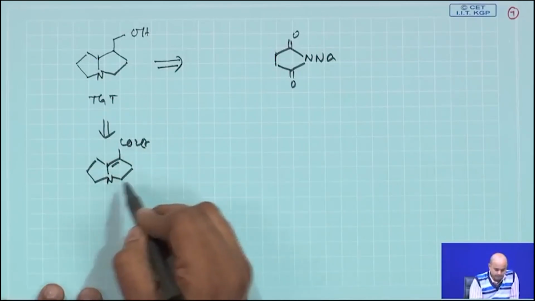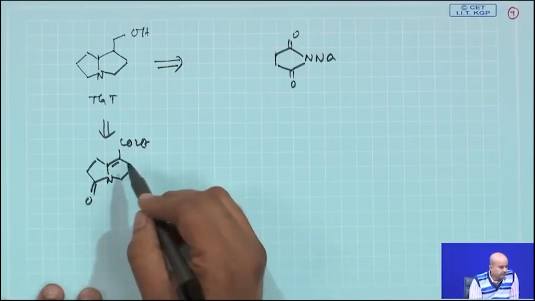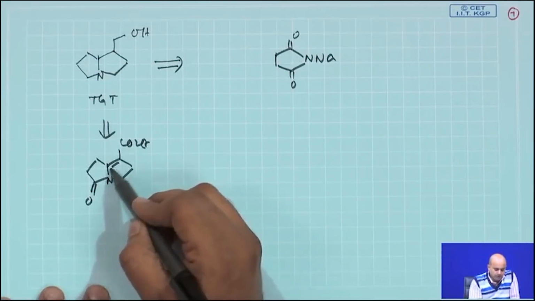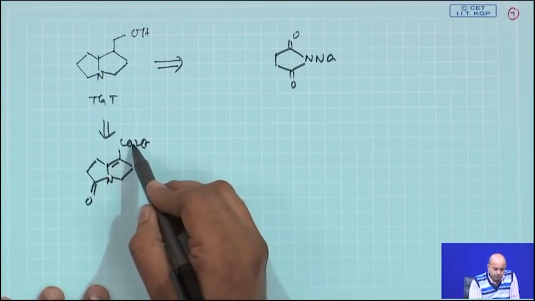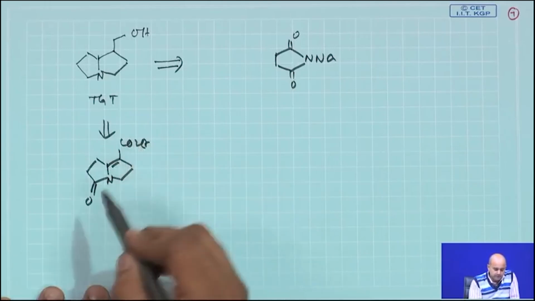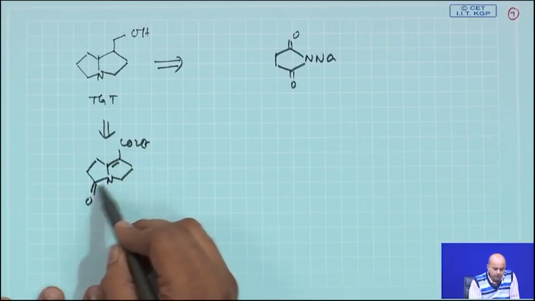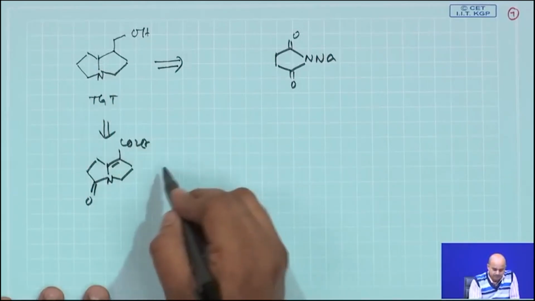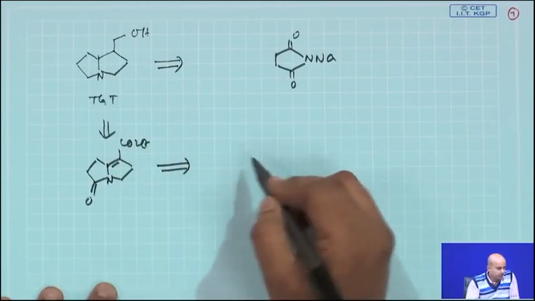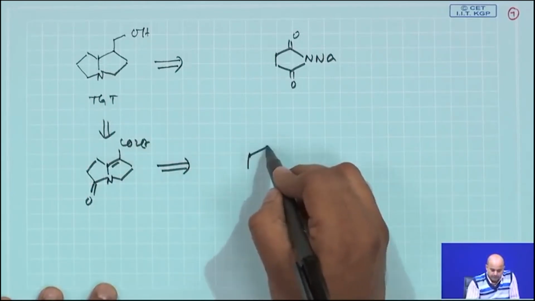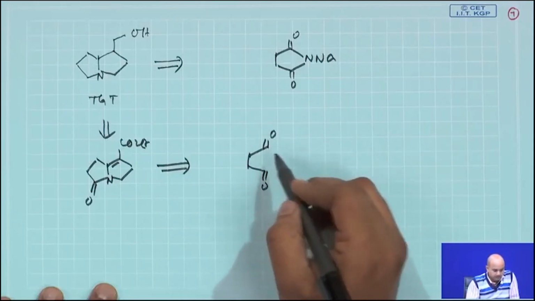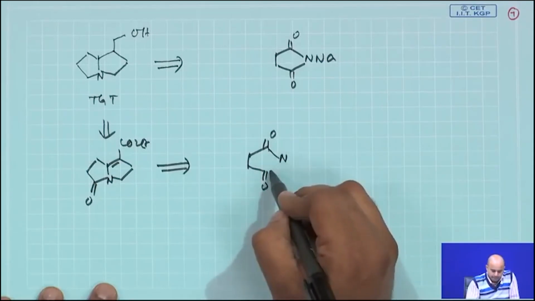This compound you can access by simple hydrogenation here. The CO2R can be reduced through LAH, and this amide will also be reduced to give the cyclic amine. The retro I am drawing here is based on this succinimide structure.